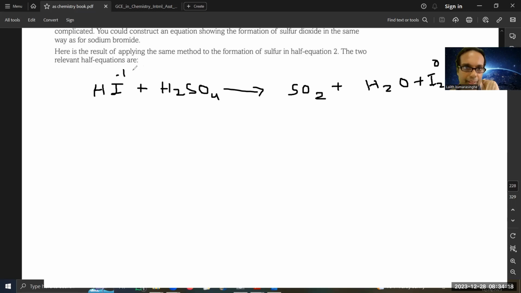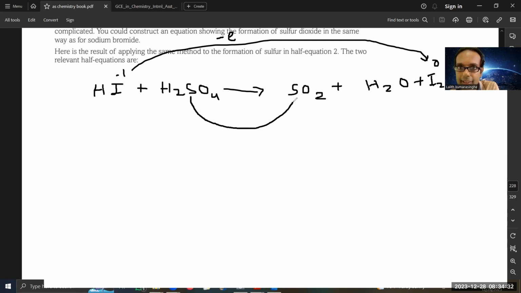So it needs to lose one electron. Then the sulfate ion, it's +6, going from +6 to +4, therefore you need 2 electrons.